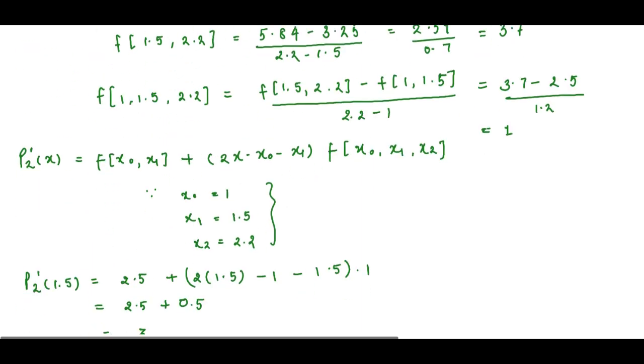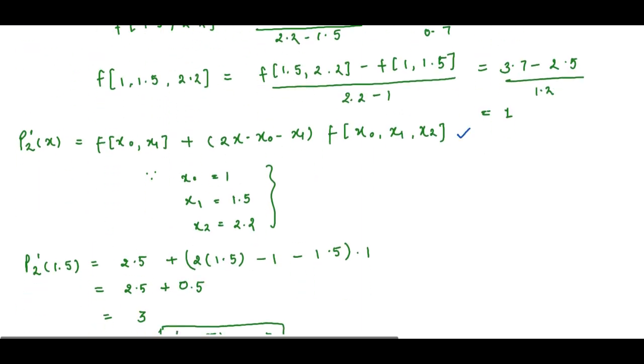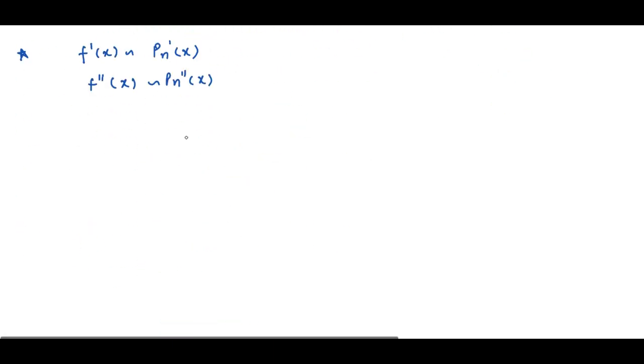So for example, if I take the 3-point polynomial P2(x), which is f(x0) + (x - x0) f[x0, x1] + (x - x0)(x - x1) f[x0, x1, x2], we already obtained P2'(x) as this.